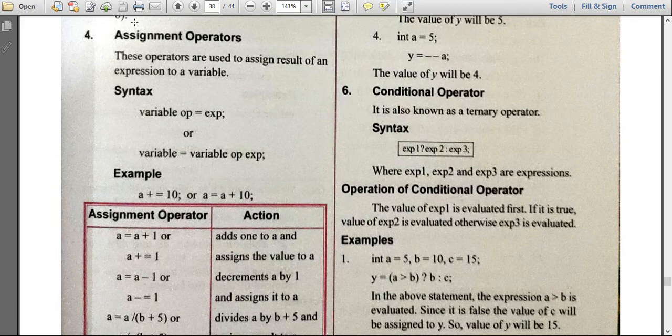So variable equal to expression, or variable equal to variable operation expression. Here a plus equal to 10 or a equal to a plus 10. Here a plus 10 is an expression, and the result of the expression will be stored into a. The value on the right side will be assigned to the variable on the left side.